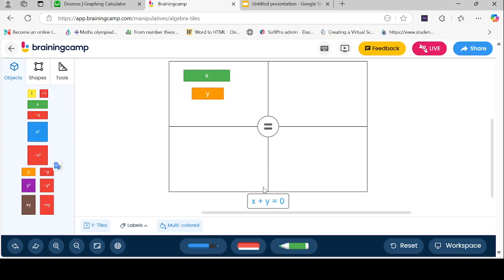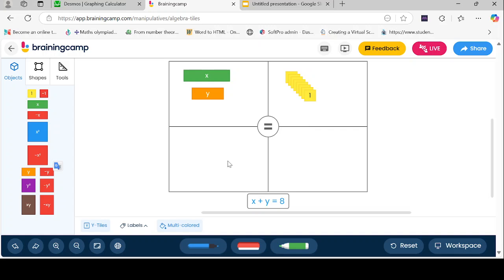So on one side we have x plus y, then is equal to 8. So this is equal to 1. If I want to create 8 more pairs, I'm just going to copy 8 times. So this is 2, 3, 4, 5, 6, 7, 8. I hope you guys can see that.